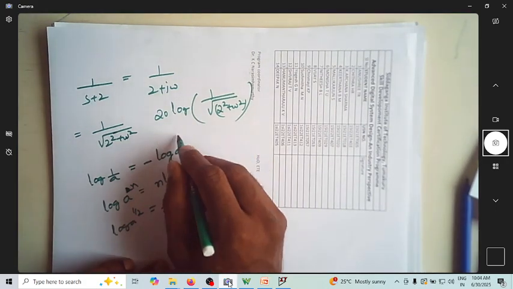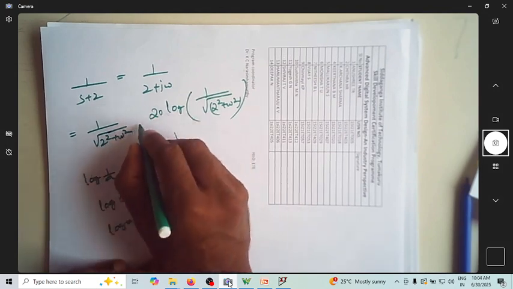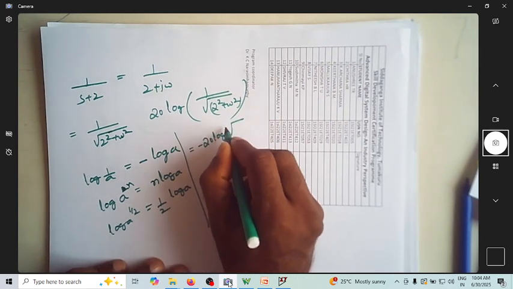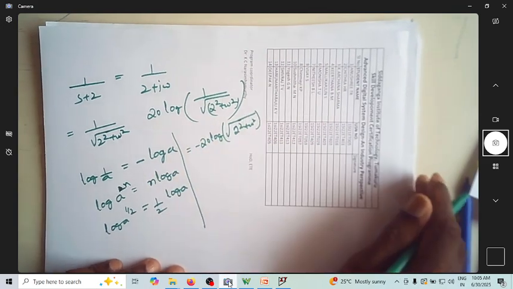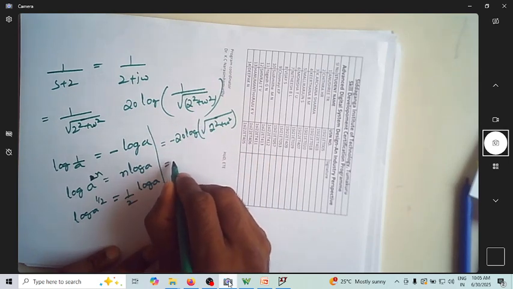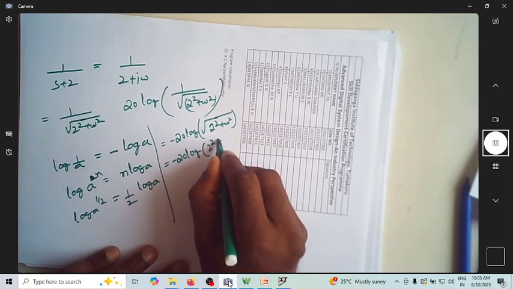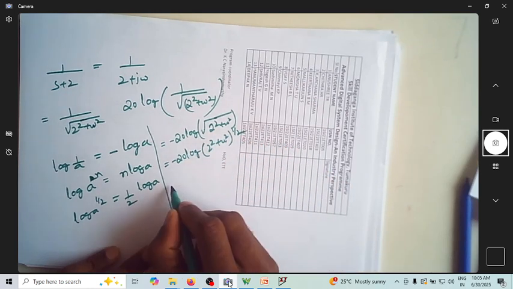So now we have a similar type of situation here. Since you have 1 over something, can I write this as minus 20 log of under root of 2 square plus omega square? I can write it so. Since what is this? Can I write it as minus 20 log of 2 square plus omega square to the power half? So this half, I bring it down.